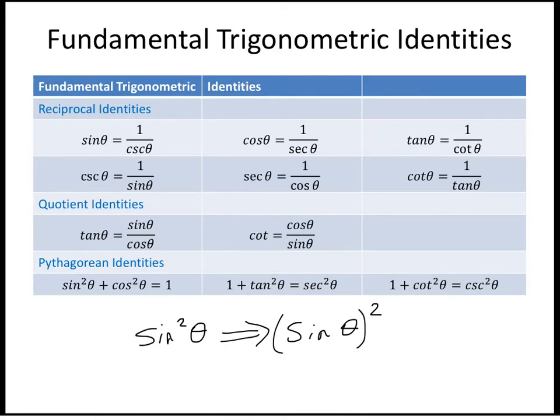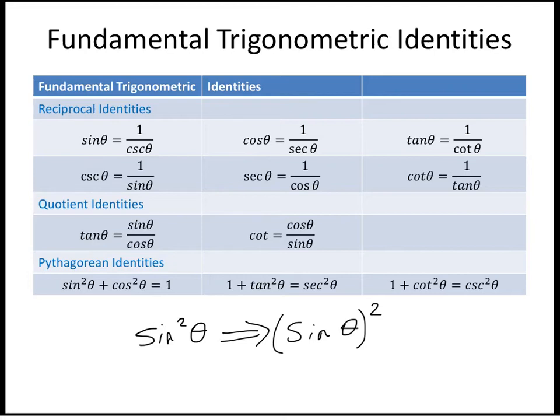But when we see sine squared and then the theta, that means that I'm taking all of sine theta and I'm squaring that number. So you need to know this because this is what you need to put in your calculator, even though what you see is the other, okay? And that applies to cosine squared theta, tangent, secant, cotangent, cosecant, okay?